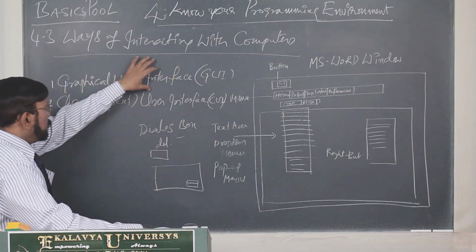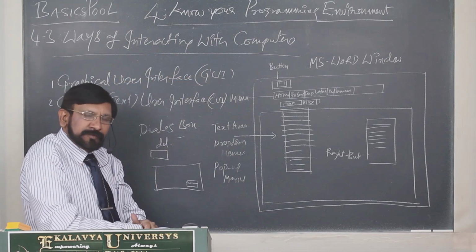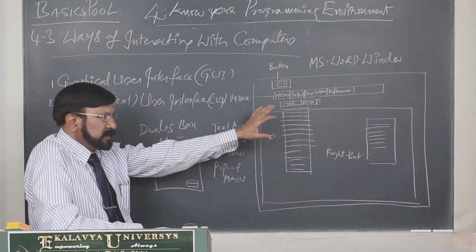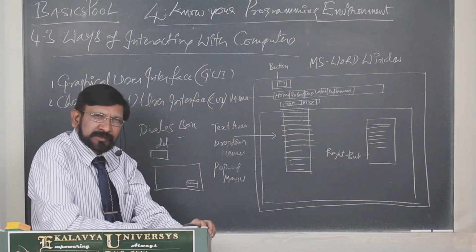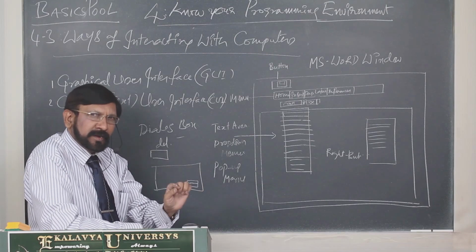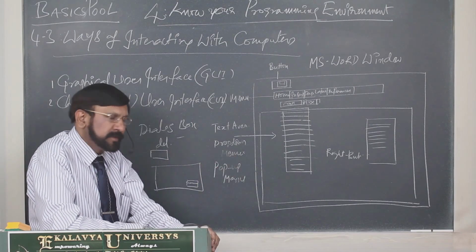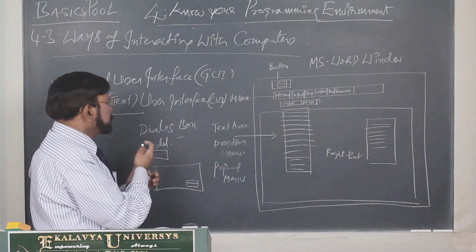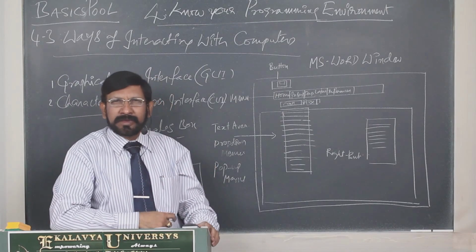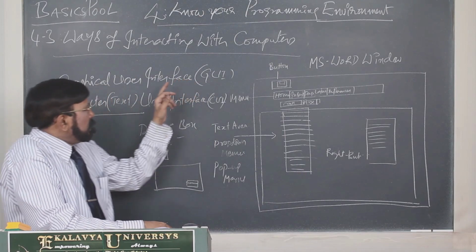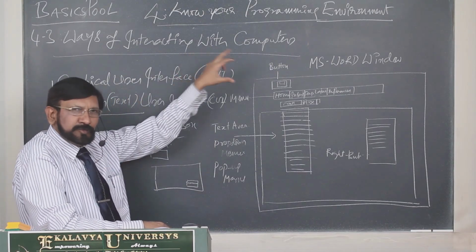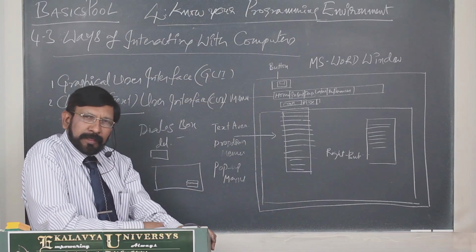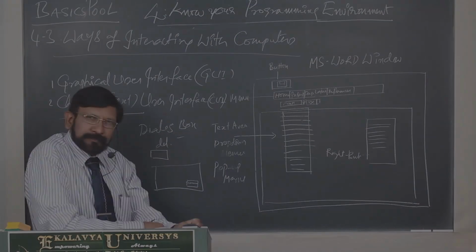This type of graphical user interface provides all these visual elements. Simply by pointing and clicking, you can perform the task. And thereafter, character or text user interfaces. Actually, before GUI was introduced, this was popular.